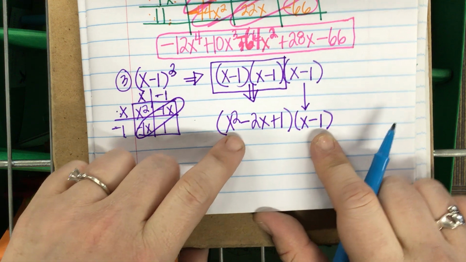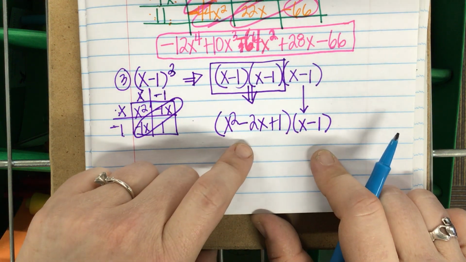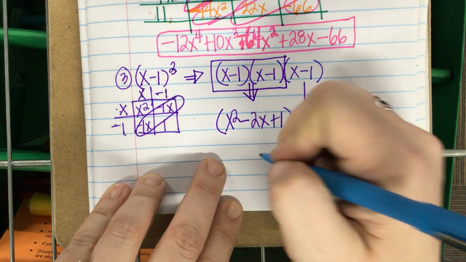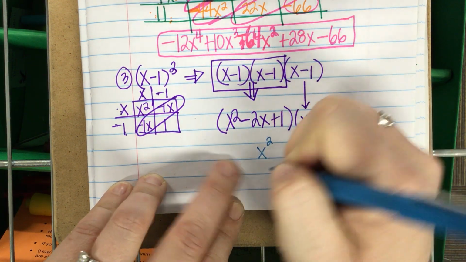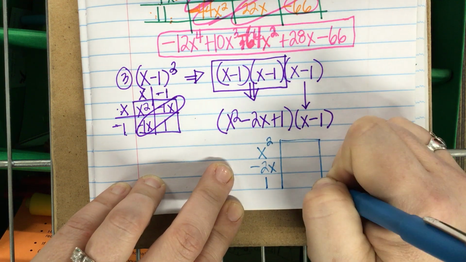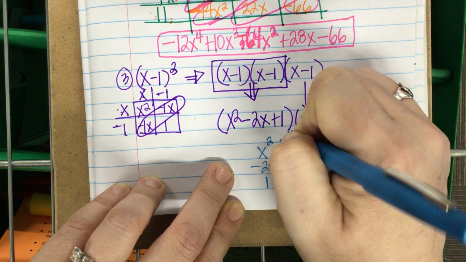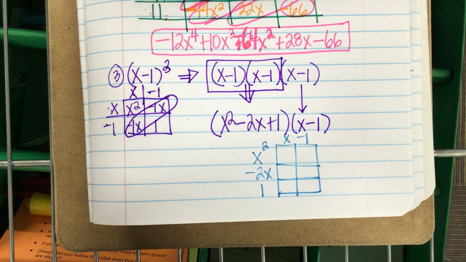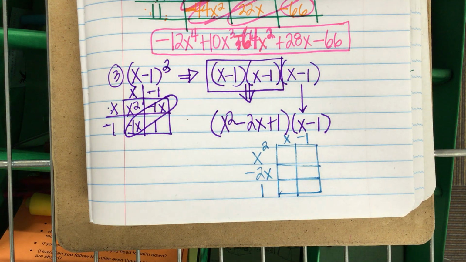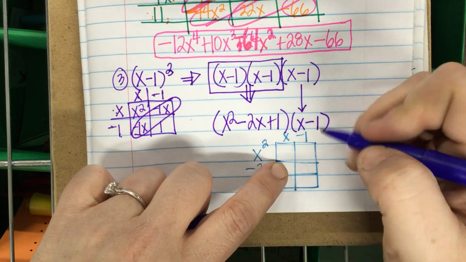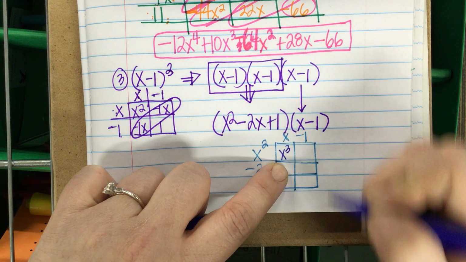How many spaces does my grid need? What kind of grid should I make? A 3 by 2. Okay, so x squared minus 2x and 1 and x minus 1. x squared times x is x to the third.